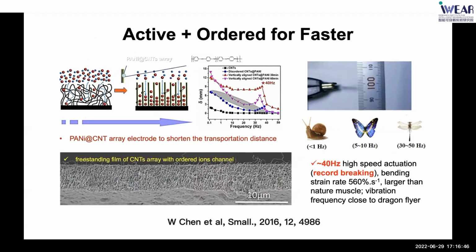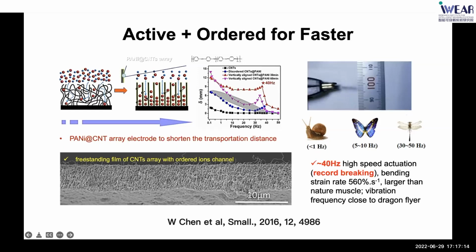The idea is to use this structure to shorten the ion transportation distance. You can see in these figures, if the carbon nanotube electrode is not oriented, it's very difficult for the ions to transport into the electrode. Obviously it will take a long time for the ion transportation.